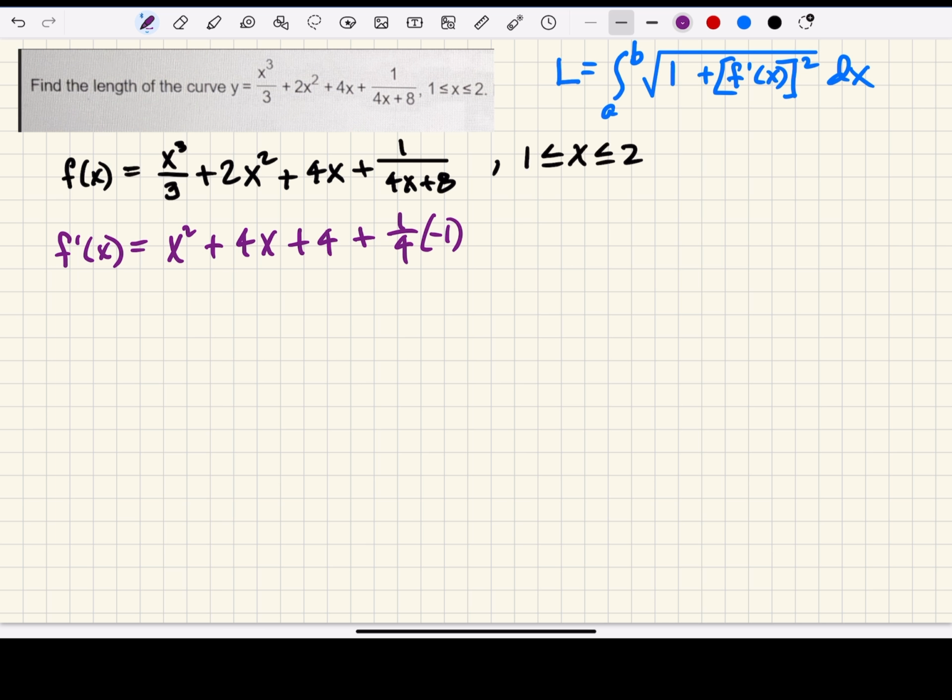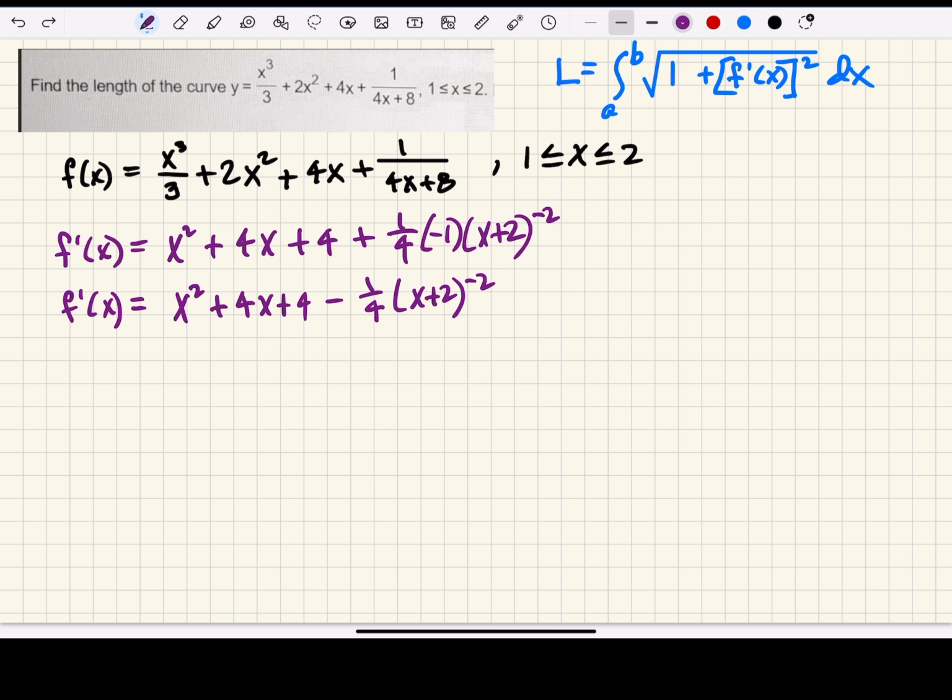So we'd have negative 1 times x plus 2 to the negative 2. We could rewrite this a little bit now. We could say f prime of x is equal to x squared plus 4x plus 4 minus 1/4 x plus 2 to the negative 2.